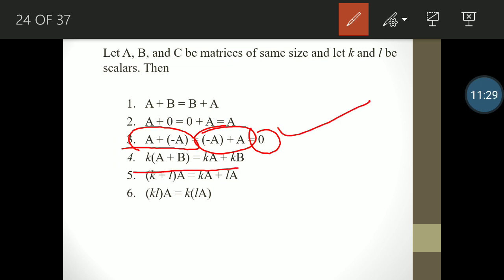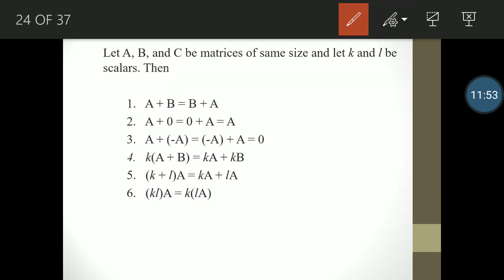Third, scalar multiplication with matrix addition. If we multiply a scalar with the addition of two matrices A and B, it will be equal to the scalar multiplied with A plus the scalar multiplied with B, so both will be equal.